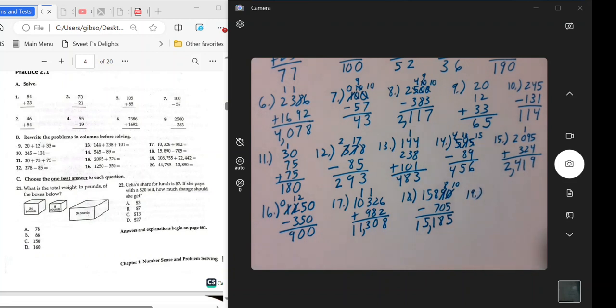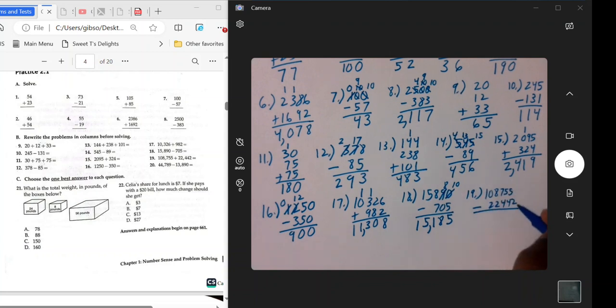Problem 19, we have a six-digit number minus a five-digit number. So we have 108,755 minus 22,442.